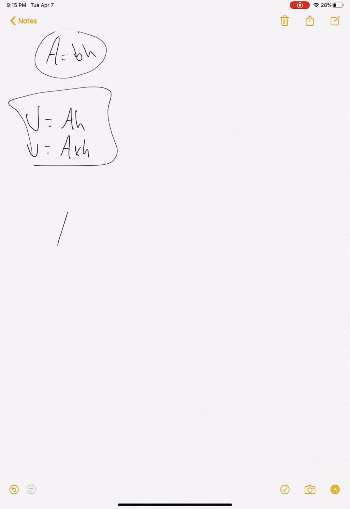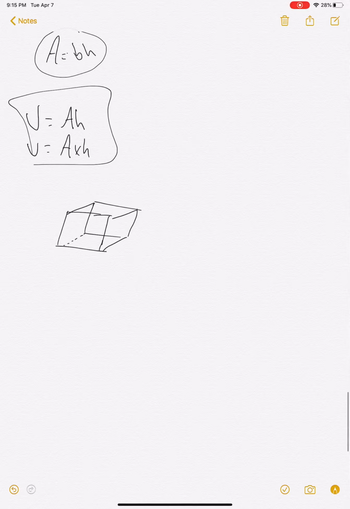Now we're going to go on to an example. We have a prism. I'm going to sketch a quick prism. Pretend like this is a very nicely done prism. These dotted lines are like you're seeing through. In this example, I am going to give you the area of this bottom square.